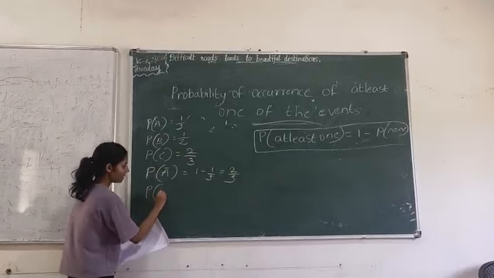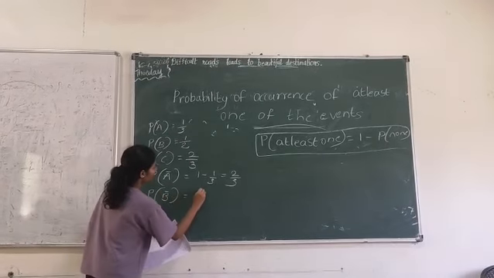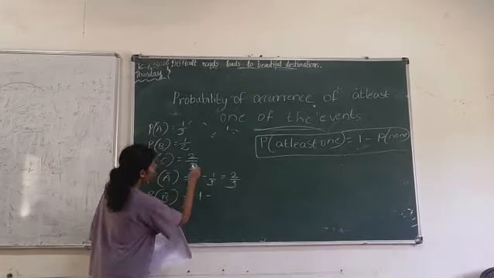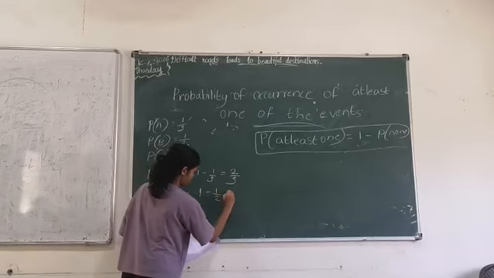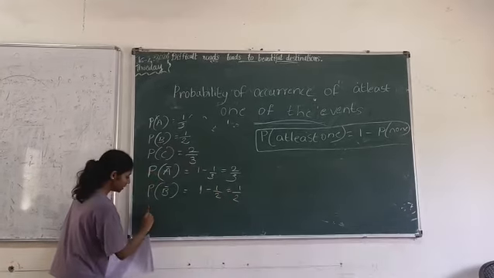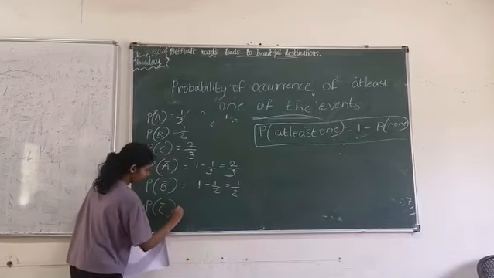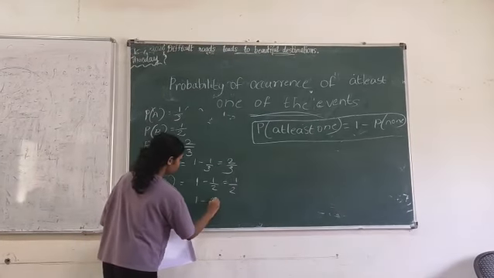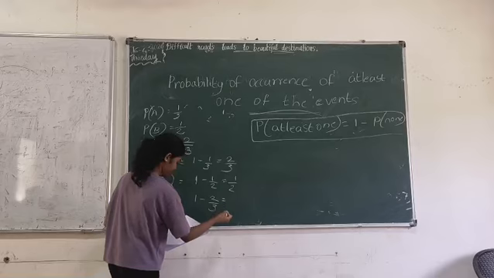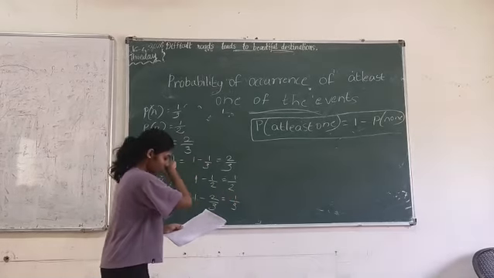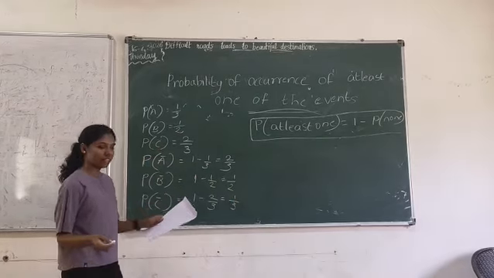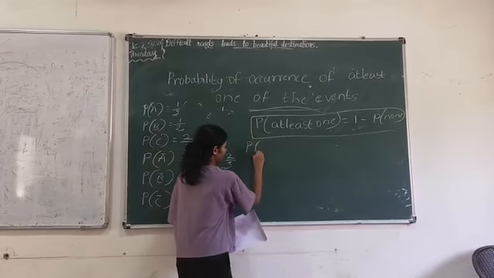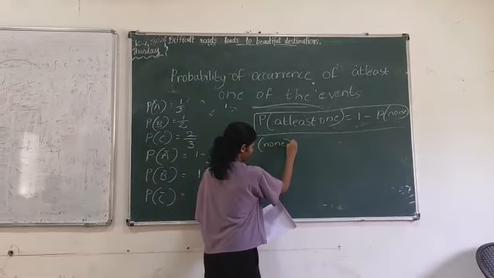Probability to fail in the second interview is 1 minus 1 by 2, that is 1 by 2. And probability to fail in the third interview is 1 minus 2 by 3, that is 1 by 3.